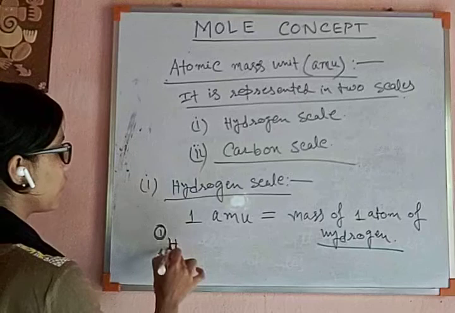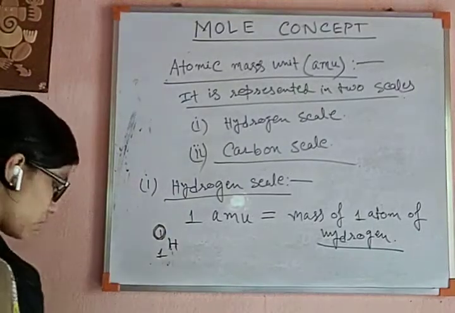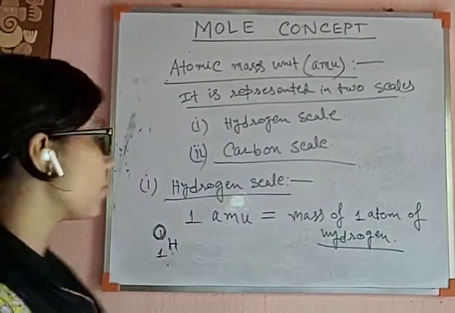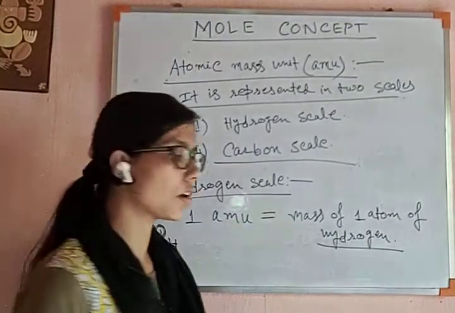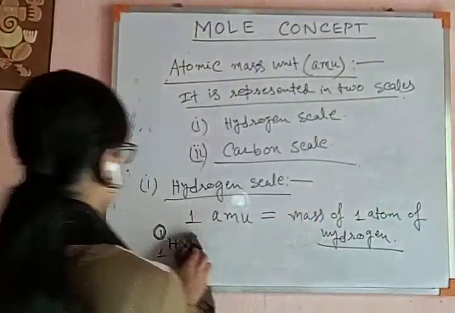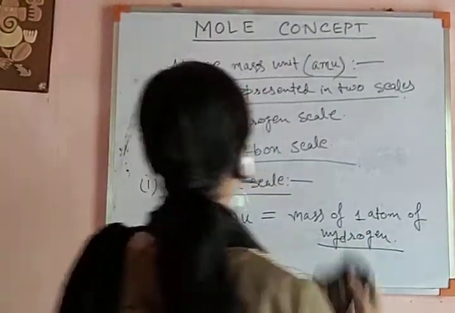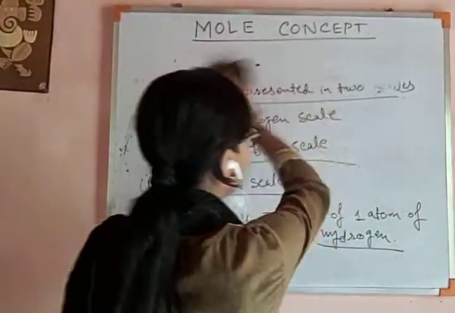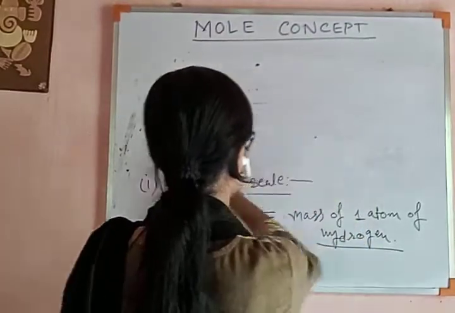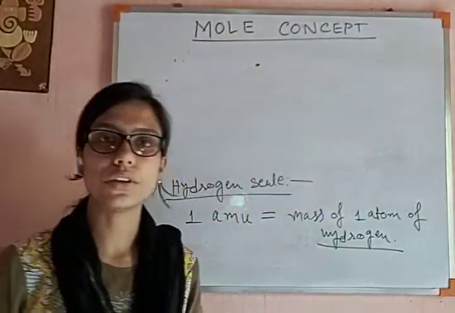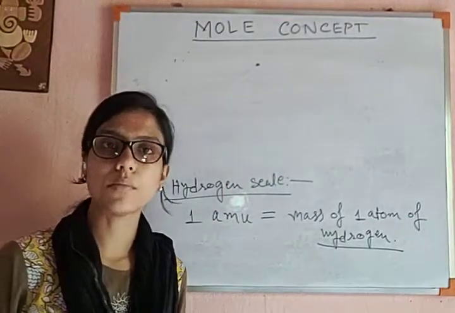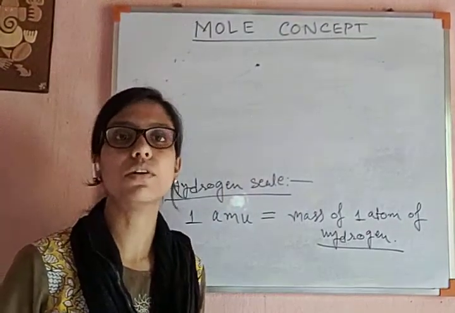This 1 gram is related to 1 gram atom, that is, Avogadro's number of particles. So next we can write: 6.023 into 10 to the power 23 hydrogen atoms weigh 1 gram.